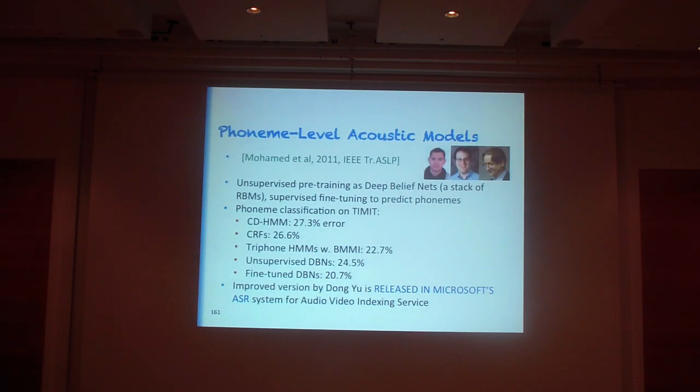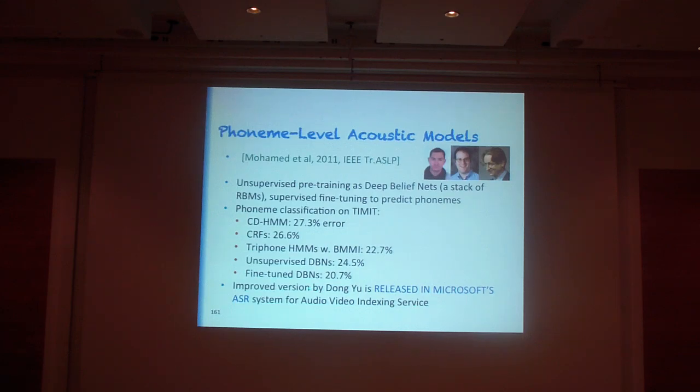Other kinds of applications that have been pretty successful, we've seen a bit of that at the beginning of the tutorial, are acoustic models, where you're trying to predict phonemes given a window of acoustics. This work was led by people in Toronto, Mohamed, Dahl and Hinton in particular, where they obtained state-of-the-art results on TIMIT, which is an old phoneme level classification problem.